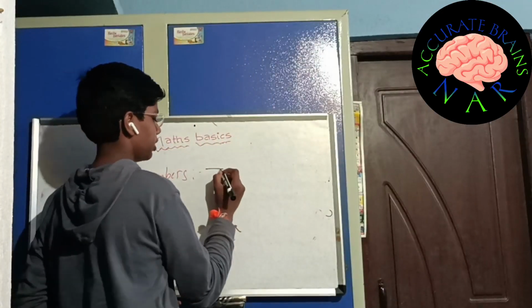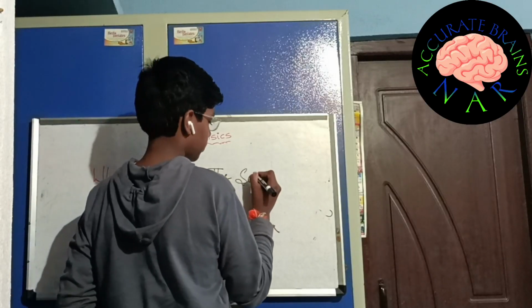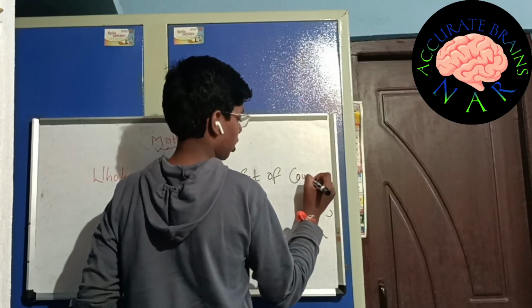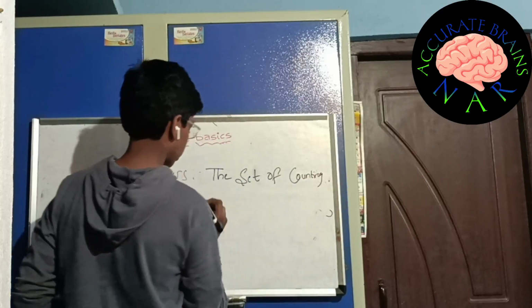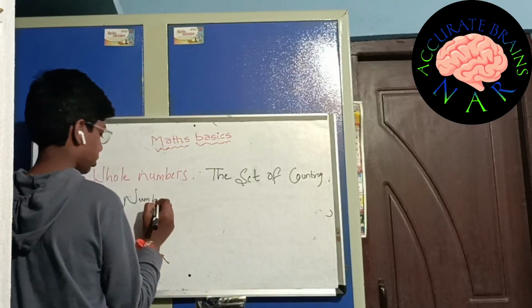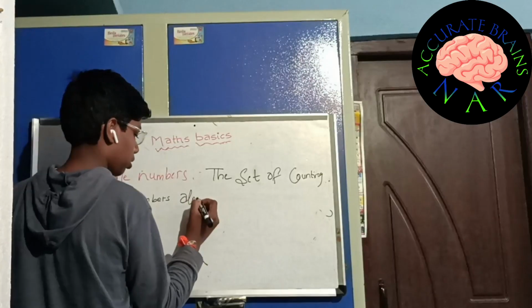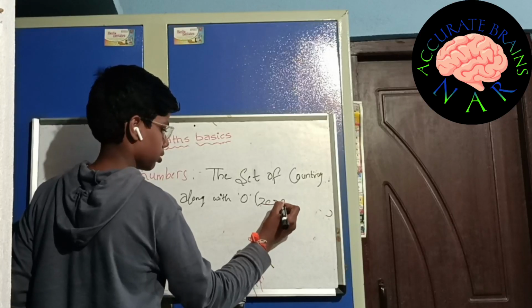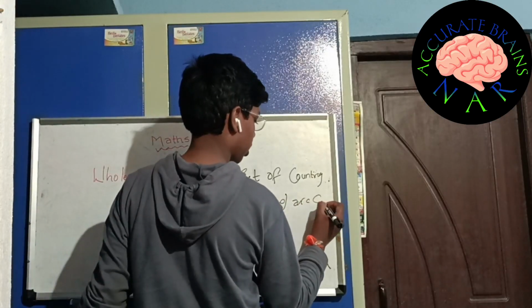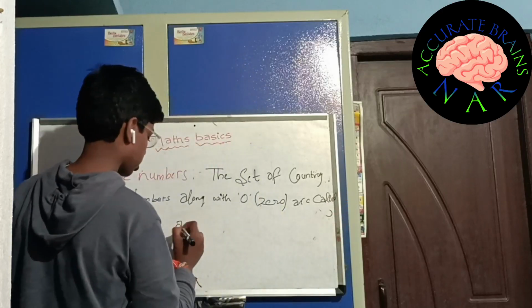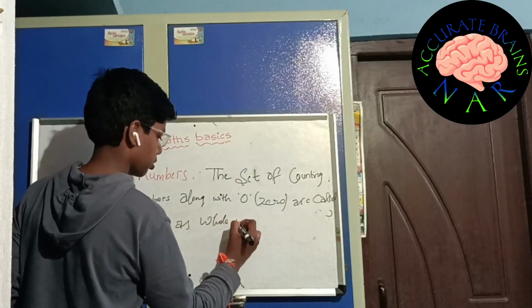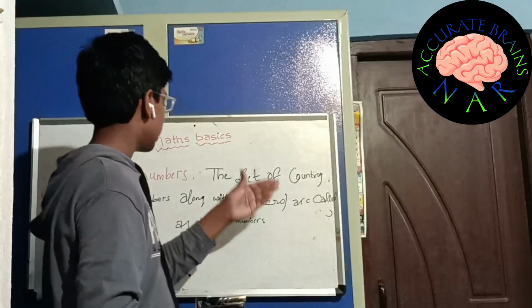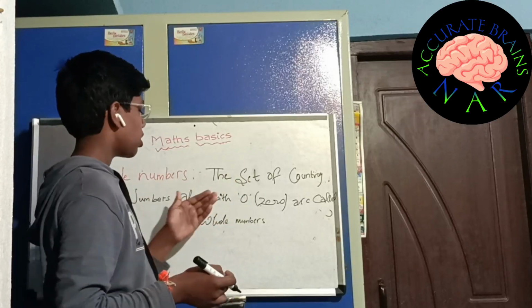The set of counting numbers along with 0 are called whole numbers. In a simple way, the set of counting numbers along with 0.